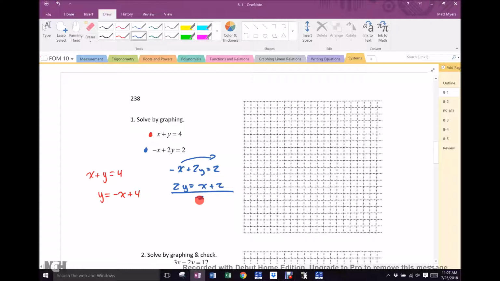Divide by 2. So, positive 4, positive 1. They're not big. So we can go ahead and we can put the axis anywhere we want to.